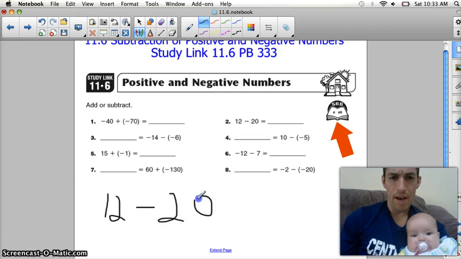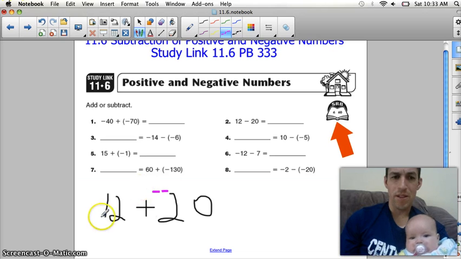So if you have 12 minus 20, we never like subtraction problems. We never do. So what I always want to do is turn it to an addition problem. And if I'm going to turn it to an addition problem, I have to change the second number. So if it was a positive, I'll change it to a negative. If it was a negative, I'll change it to a positive. So it was a positive, now it's a negative. So 12 plus a negative 20 is going to give me a negative 8.